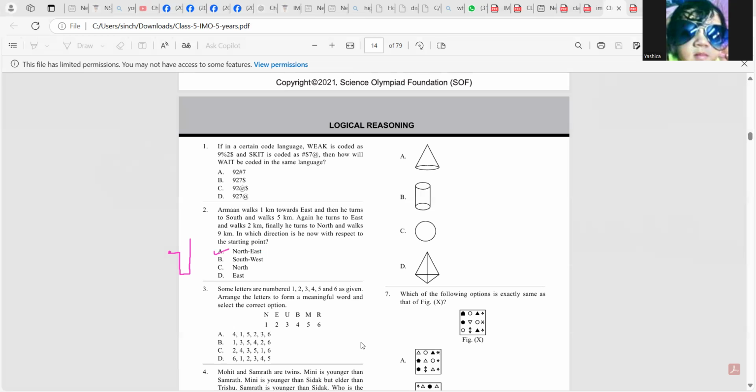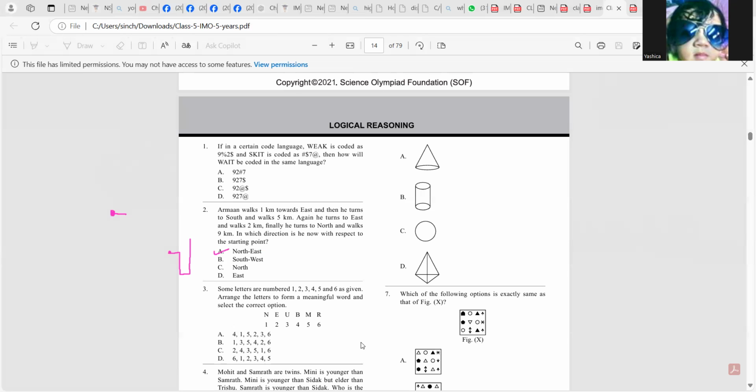Ma'am, it is option A because suppose this is the starting point of Arman. He walks 1 kilometer towards east. So east was in the right hand side, so 1 kilometer. Then turns to south and walks 5 kilometer.